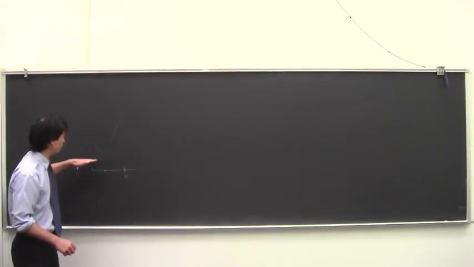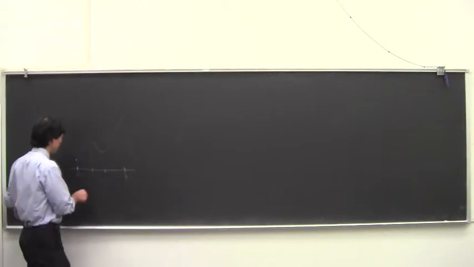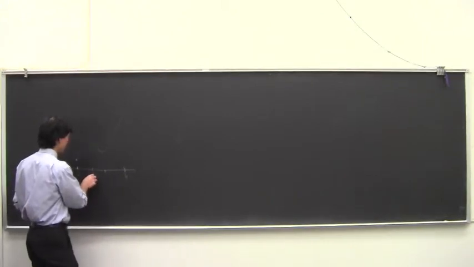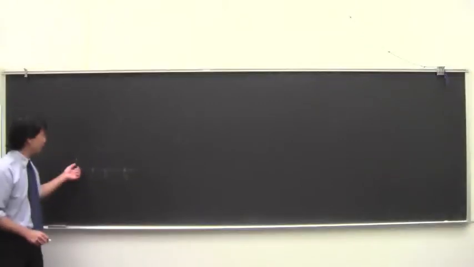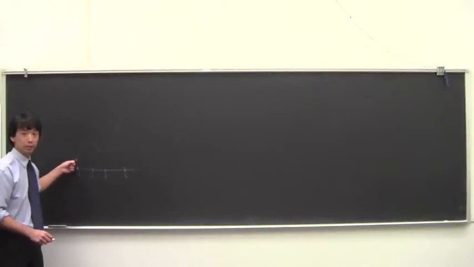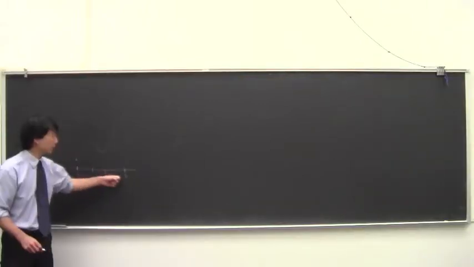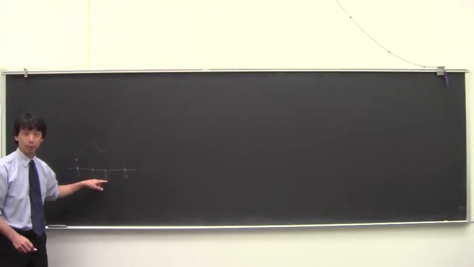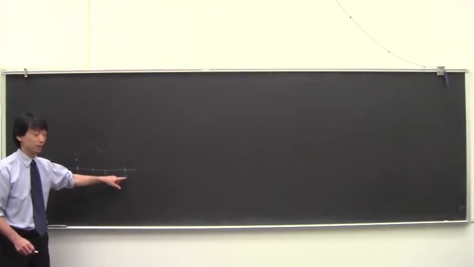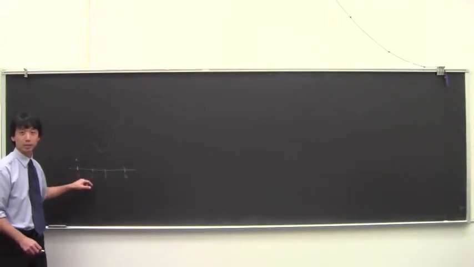So you plug in each of these places. Let's call these C and D. You plug in these points, and you find that the lowest value is at A, and the highest value is at B. So that would allow you to find the global max and the global min.